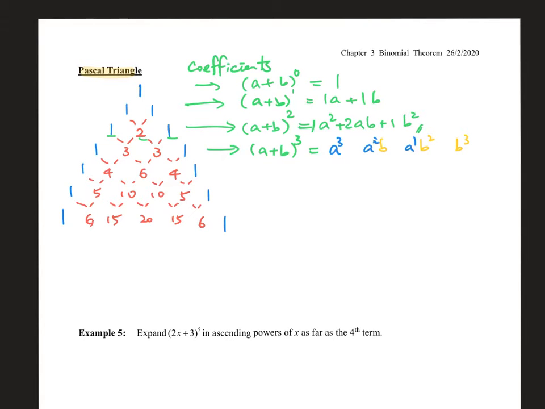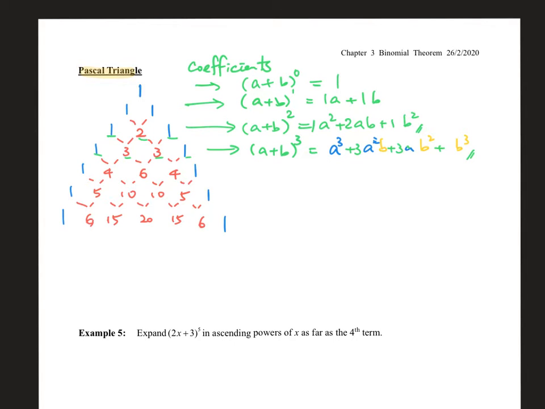And finally, you fill in the blanks with the coefficients 1 3 3 1. So there should be 1a cubed, 3a squared b, 3ab squared, and 1b cubed. And finally, you rub away the constants: power 1 remove, 1 remove. So that's the expansion of (a plus b) cubed.